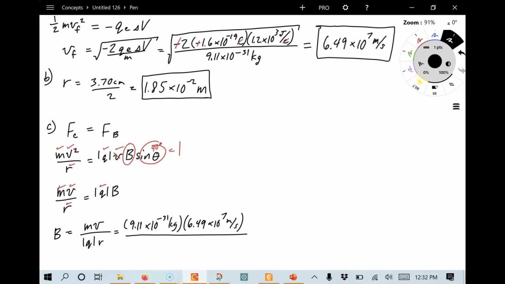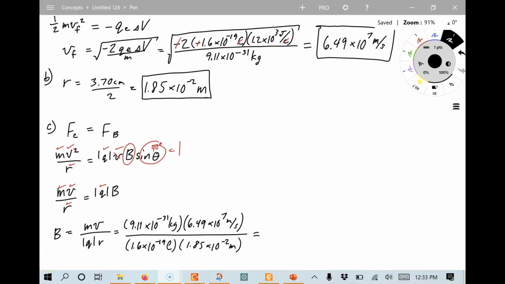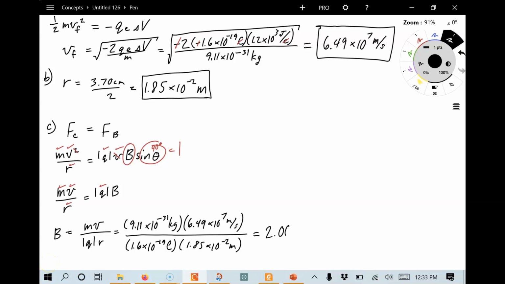The charge of the electron, absolute value in this case, we're dealing with magnitudes, 1.6 times 10 to the minus 19th coulombs. And finally the radius, which we determined in part B, 1.85 times 10 to the minus second meters. Plug in the numbers, this comes out to 2.00 times 10 to the minus second Tesla. And I know we're going to be in Tesla simply because I've been in SI units everywhere, so we want to just remember that.